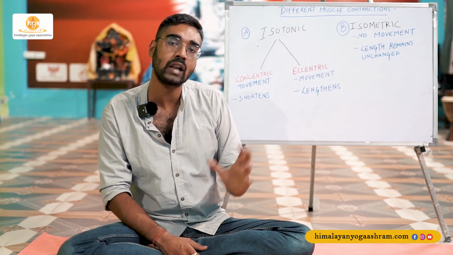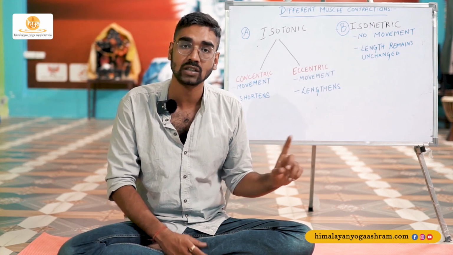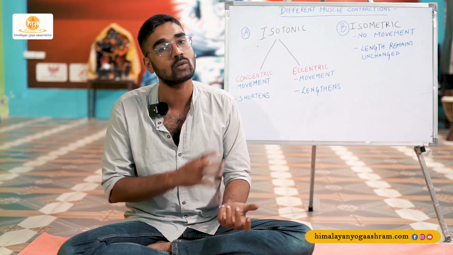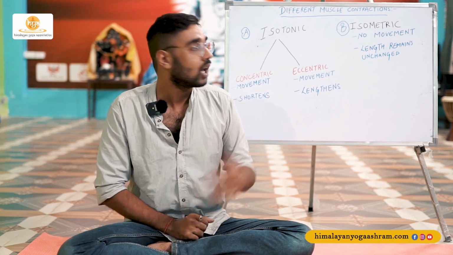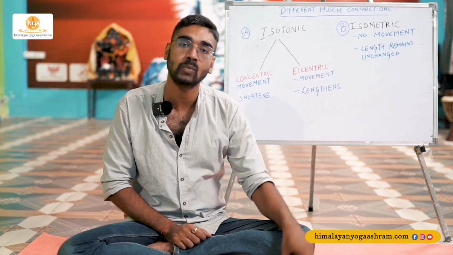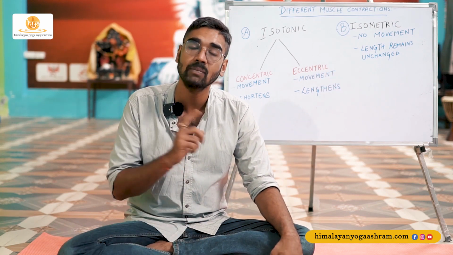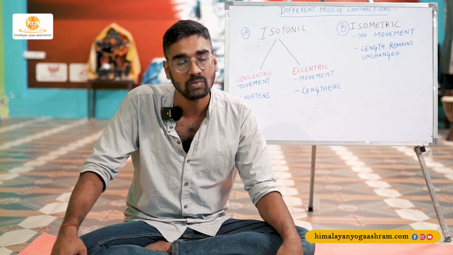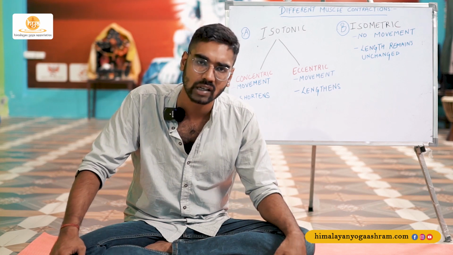Now, while the isotonic contractions are most helpful in case of healthy people who are trying to increase muscle mass, isometric contractions are most helpful in case of therapy patients who are mostly suffering from joint problems, namely osteoarthritis.